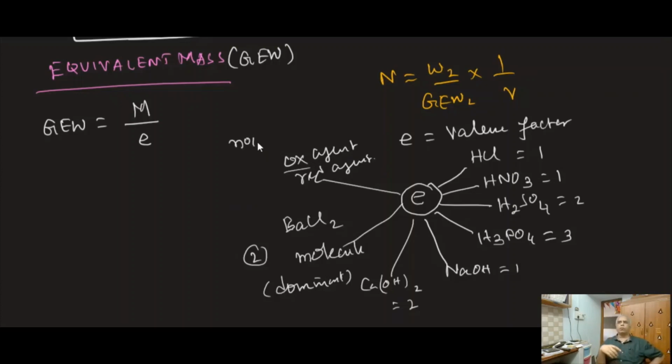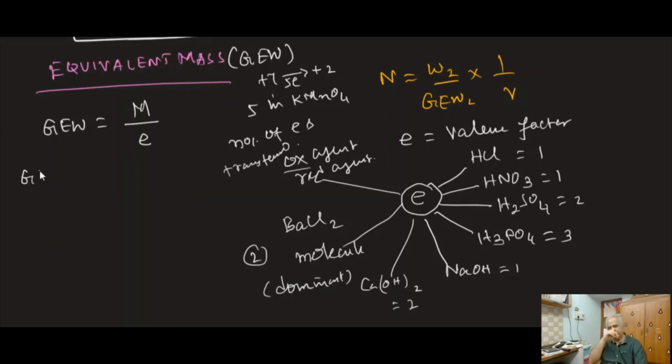For oxidizing agents and reducing agents, like acidified KMnO4, potassium permanganate, or potassium dichromate, K2Cr2O7, the valency factor is the number of electrons transferred during the reduction or oxidation process. As you know, an oxidizing agent undergoes reduction, a reducing agent undergoes oxidation. In the case of manganese, 5 electrons are transferred because the oxidation state of manganese in KMnO4 is +7, which becomes +2 in MnSO4.